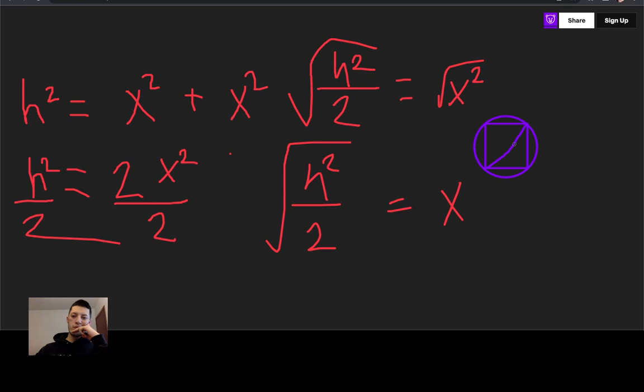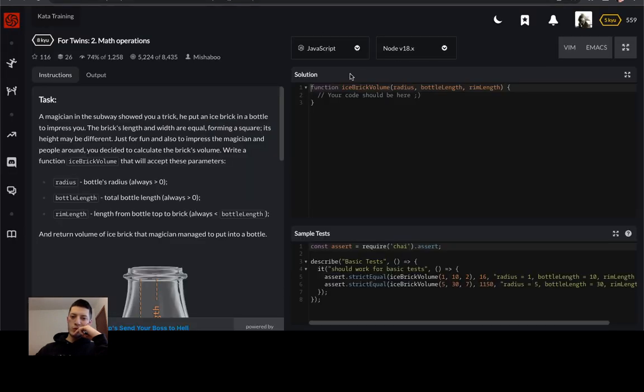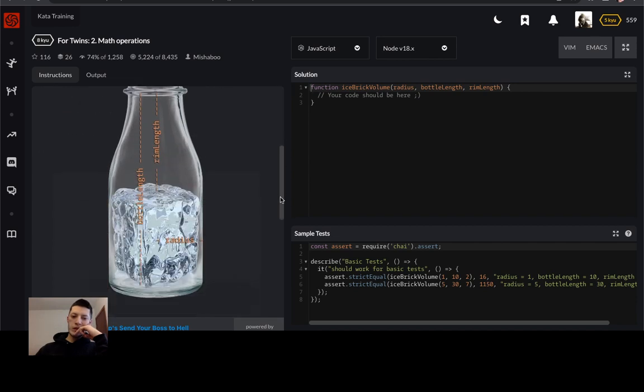Oh, you know what? It's giving me the radius, not the diameter. I see how it tricked me. I need the diameter.